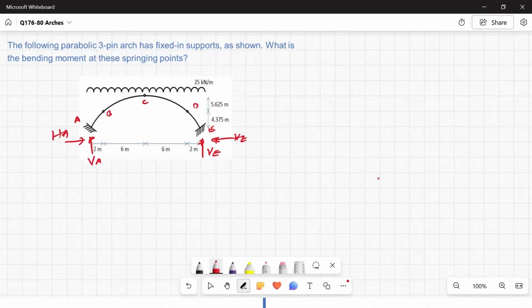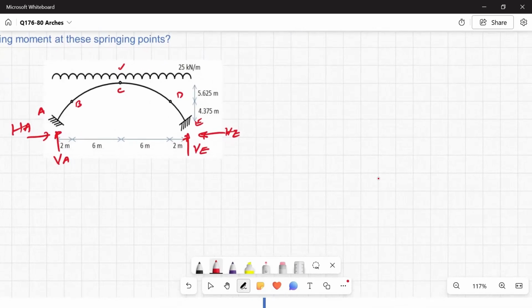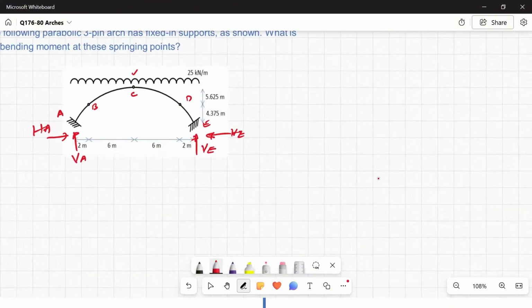And first I want to find out the horizontal thrust from crown pin, and crown pin is our C pin, and here by symmetry I can find out loading as well.